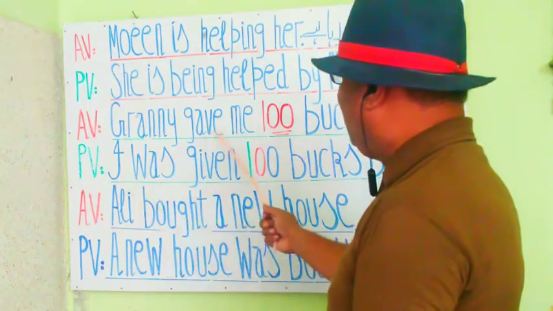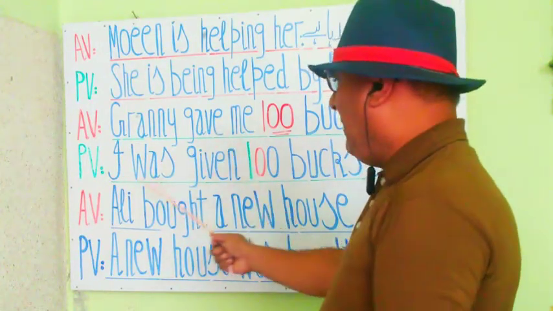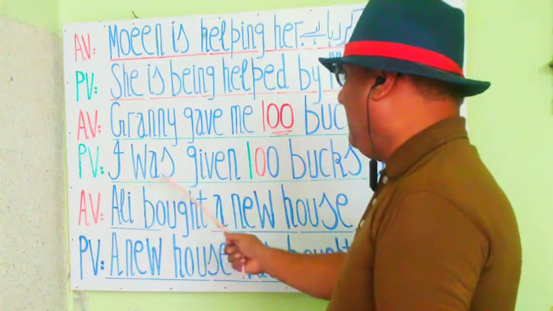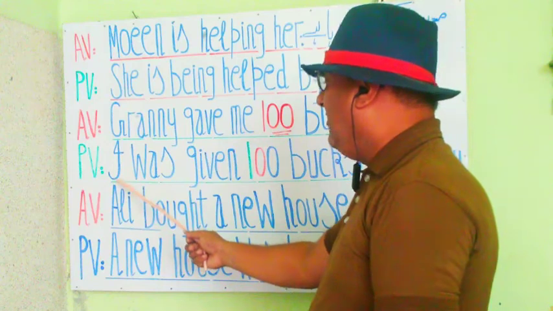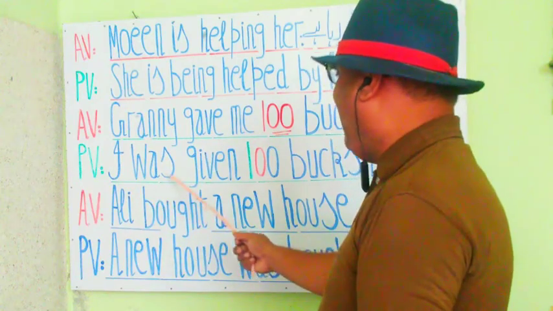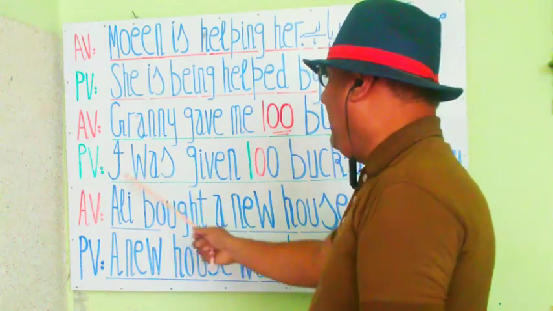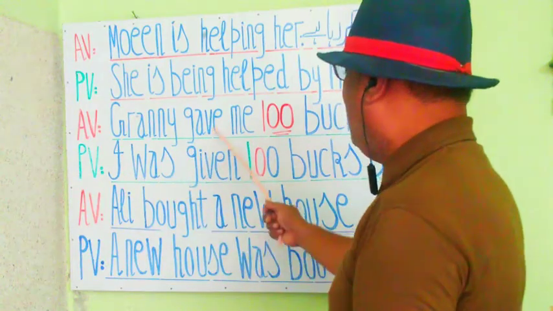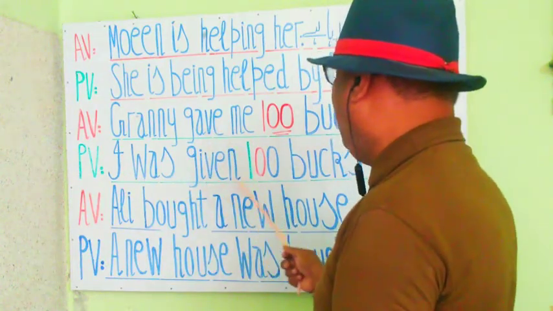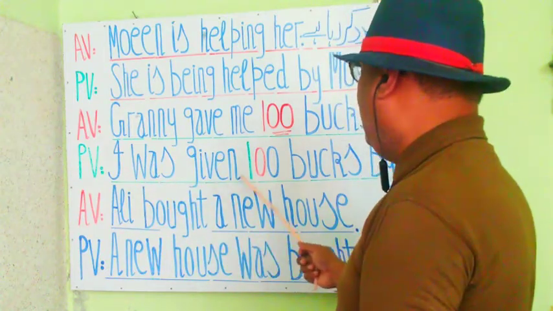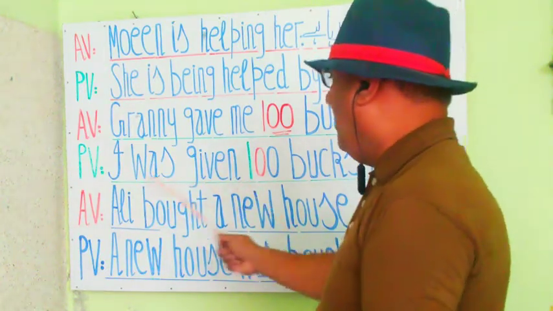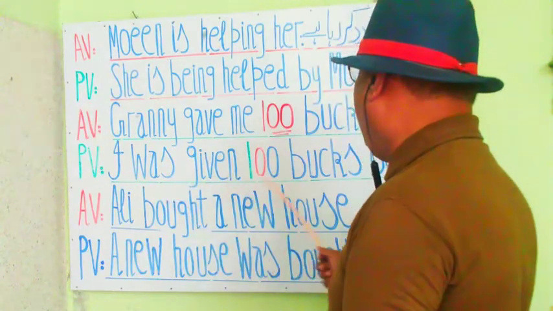Because it is past tense, by rules we have to add was, since the subject is singular. So we write I was. Now the third form of the principal verb, that is given. In all passive statements, the third verb form is written. So, I was given 100 bucks.